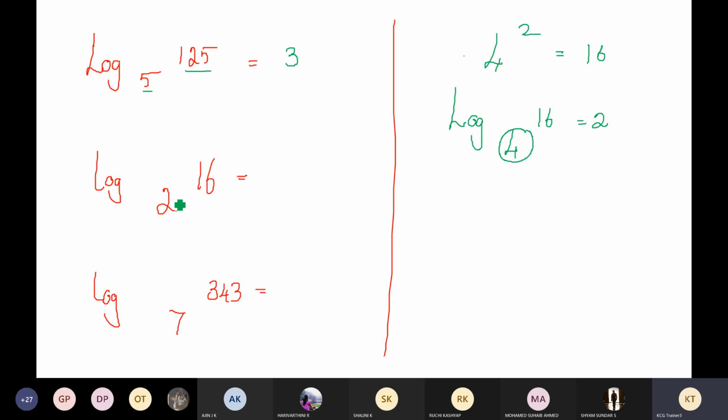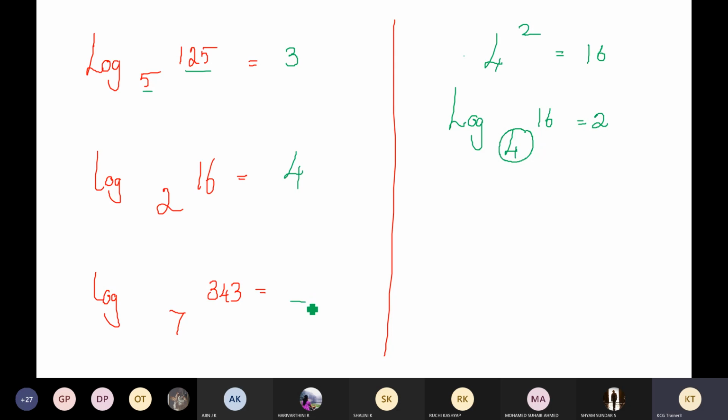Similarly, take this question. Log 16 to the base 2 is equal to what? 2 power what value gives me 16, guys? Come on, tell me fast. Very good, yes. So my answer is 4.